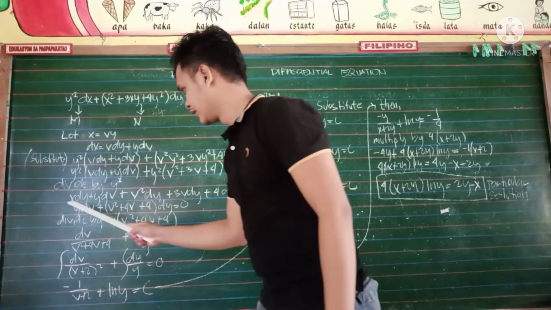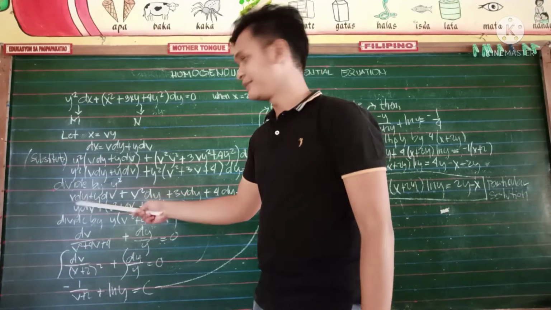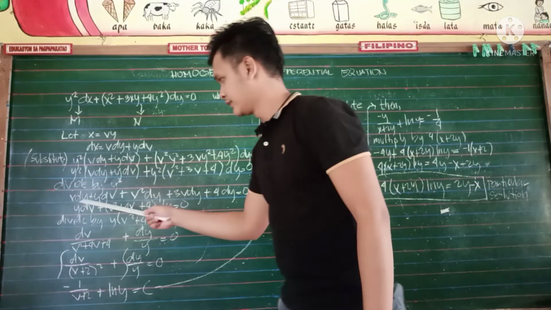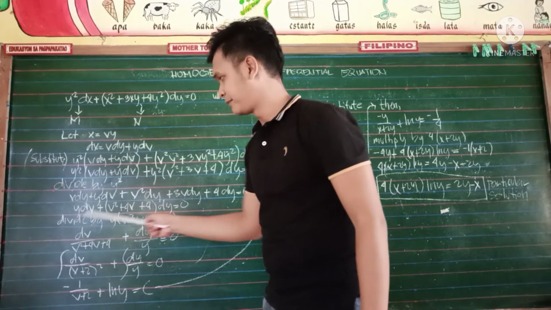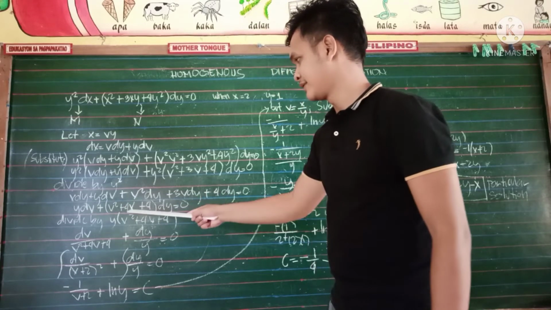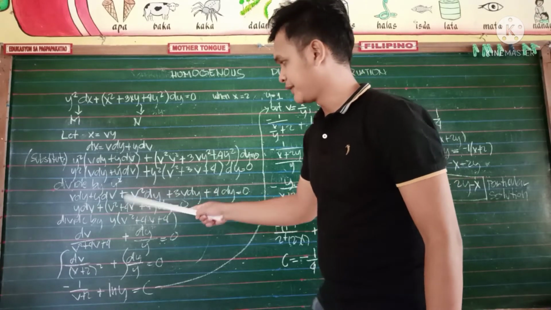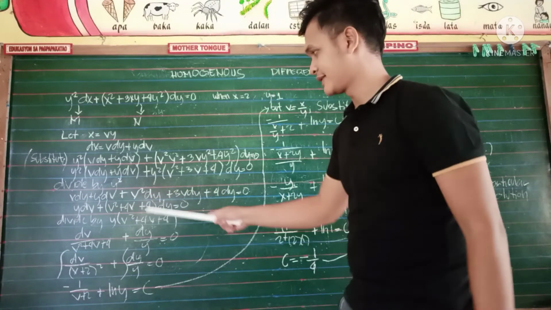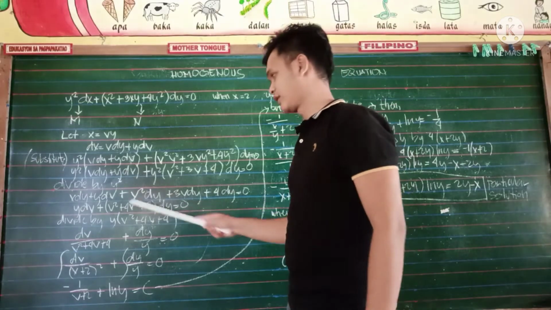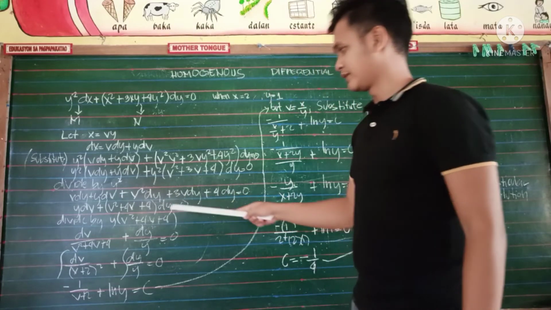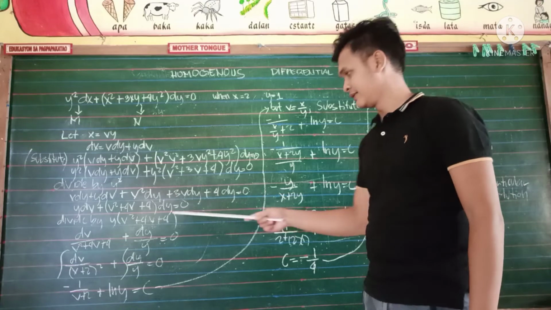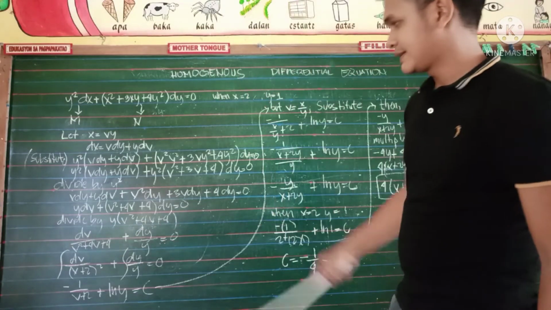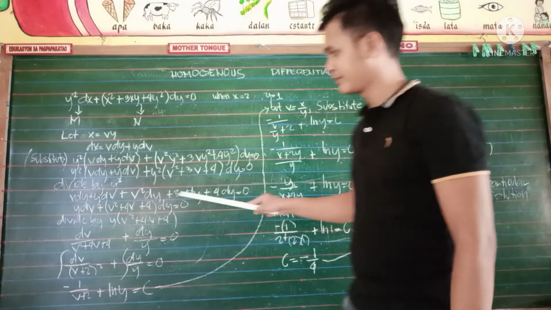Then combine like terms v dy and 3v dy. So copy the y dv plus (v squared plus 4v plus 4) dy, it is 4v because 3v here and 1v here, and then the common factor is dy, so you put the dy outside, equal to 0.